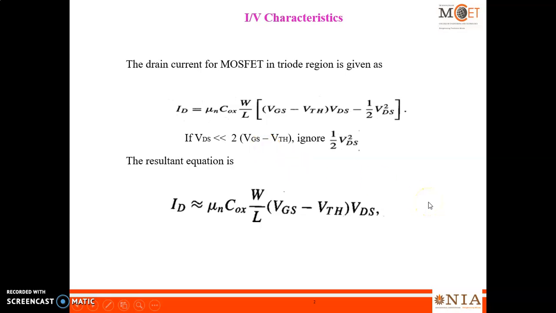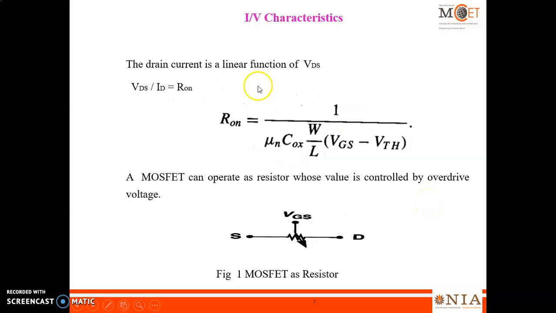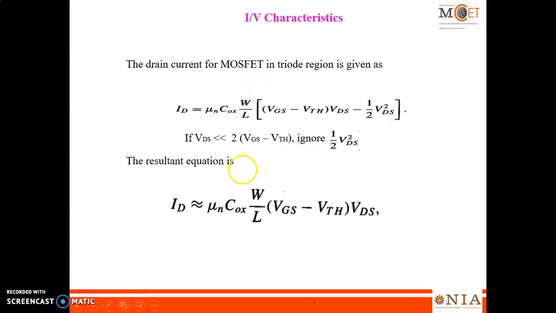Okay, this is the resultant equation if drain to source voltage is very less when compared to this particular overdrive voltage. So from this what you can conclude, just observe this equation. You know that resistance is equal to voltage divided by current. So bring this drain current from the left hand side to the right hand side. So VDS divided by ID equals, bring the remaining terms to the left hand side.